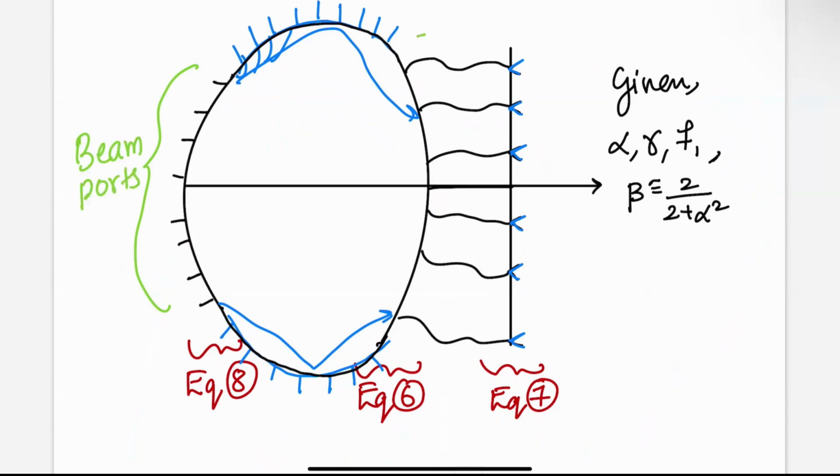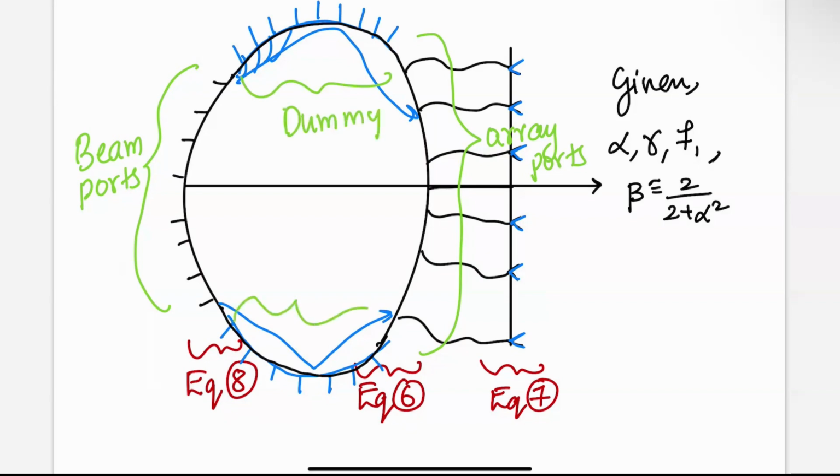Then you have a bunch of array ports, as they're usually called. Then you have some dummy or matched ports, on this side and this side.